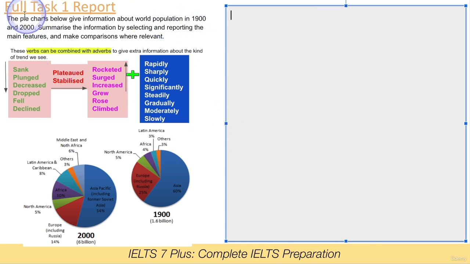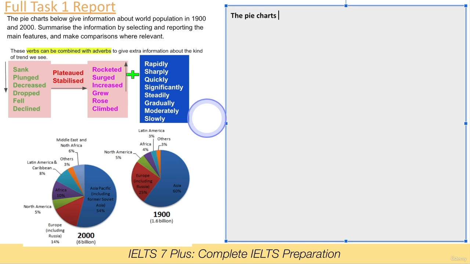Okay, so it starts the pie charts. Well, we don't want to paraphrase so much that it becomes inaccurate. So I think it's okay to start with the pie charts because that's exactly what they are. If the question said the charts below, then we can of course add in pie charts, but the question says it already. So that's okay.